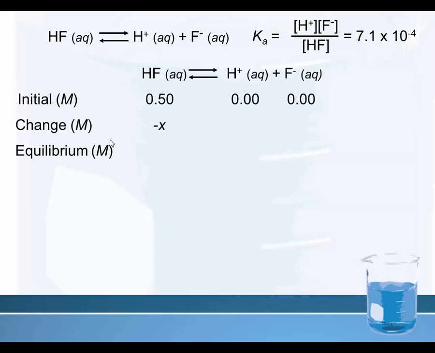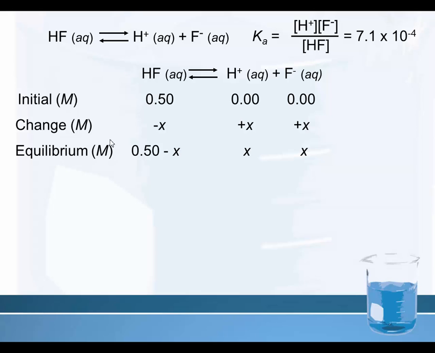A minus x for your HF, a positive x and a positive x for both of your H and your F. Why is that? Because we started out with everything on the left side. The initial was 0.5 on the left side and nothing on the right side. So it can't go to the left. It has to go to the right. All right. At equilibrium, HF is 0.5 minus x, and H and F, both hydrogen ion and fluoride ion, are going to be positive values of x.